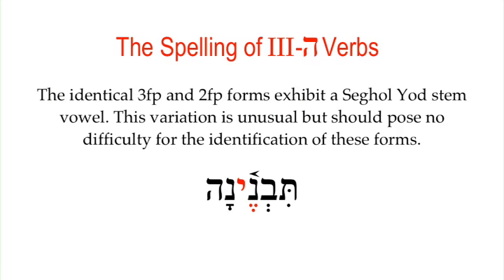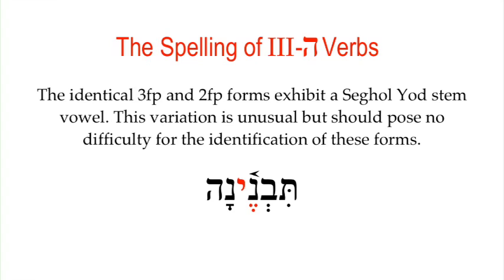A second feature of third He verbs occurs in the twin 3FP and 2FP forms. Look at your screen with me. The identical 3FP and 2FP forms exhibit a Segol Yod stem vowel. This variation is unusual but should pose no difficulty for the identification of these forms. First, you'll recall from our lecture in the perfect, third He verbs were originally third Yod.